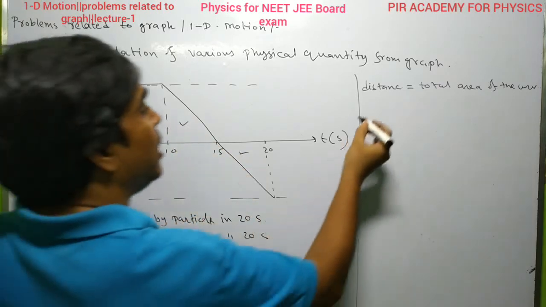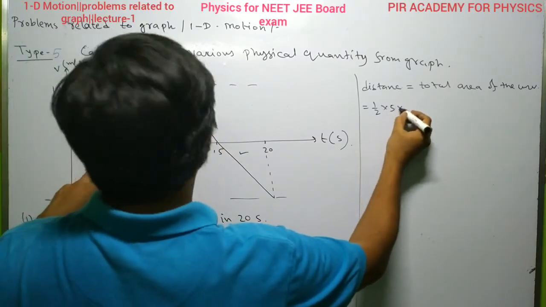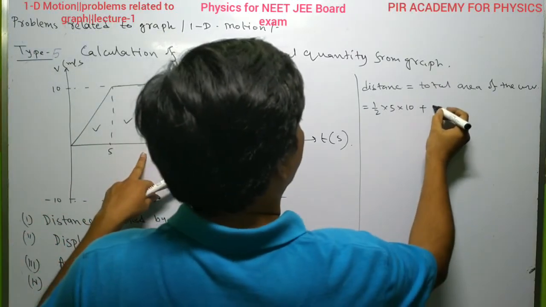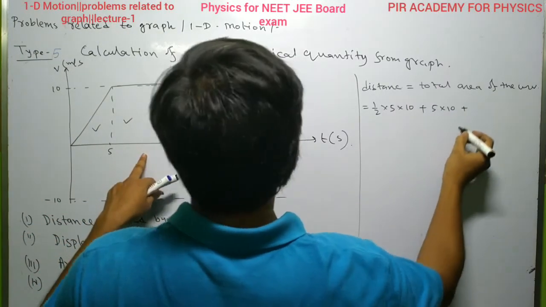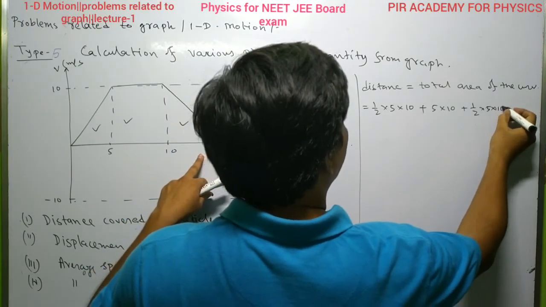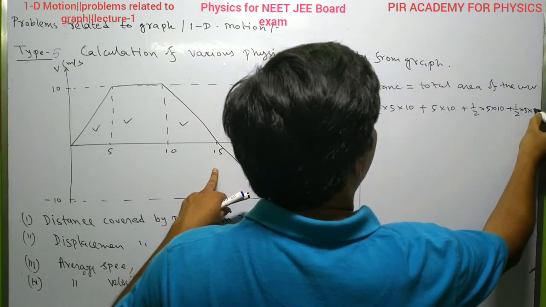It will be half into 5 into 10 plus 5 into 10 plus half into 5 into 10 plus half into 5 into 10.